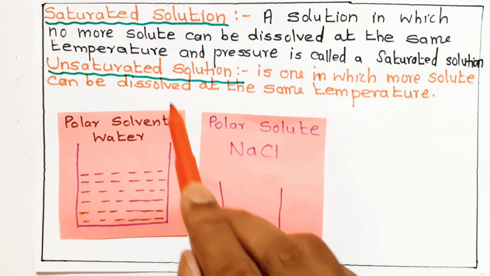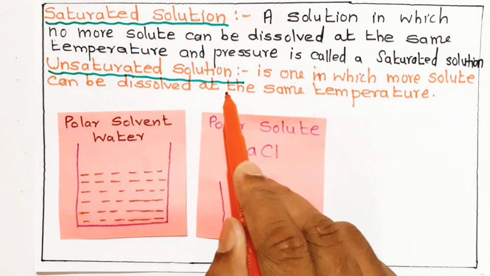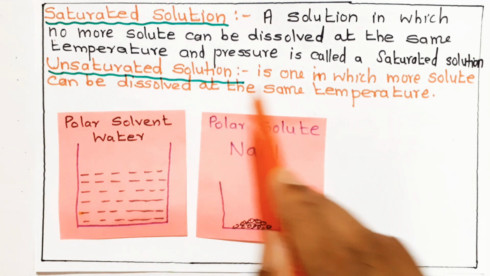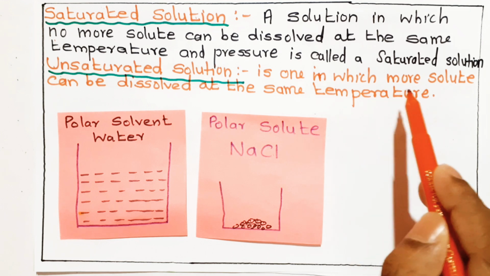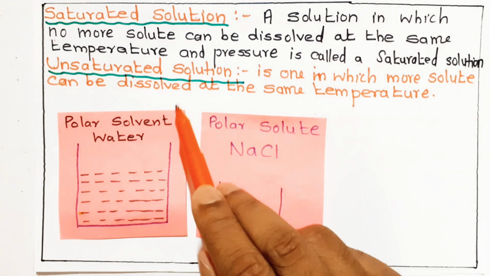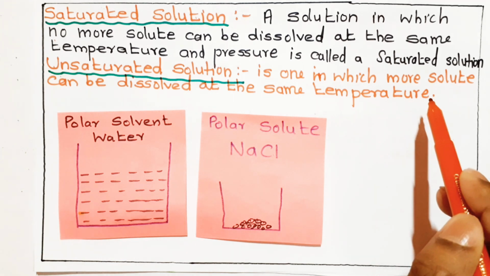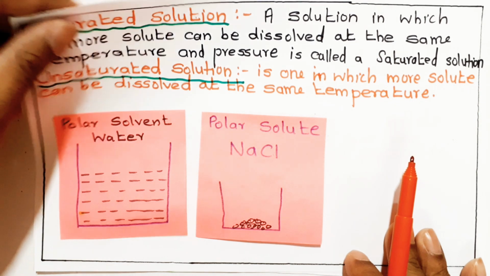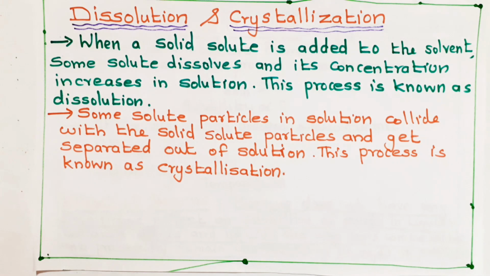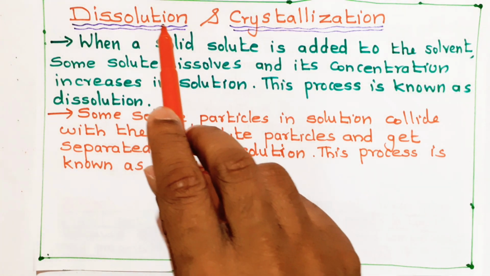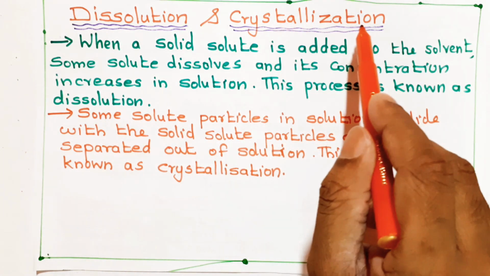So here we will see the definition of unsaturated solution. An unsaturated solution is one in which more solute can be dissolved at the same temperature. Hope you understood this, and we will go for the next topic, that is dissolution and crystallization.